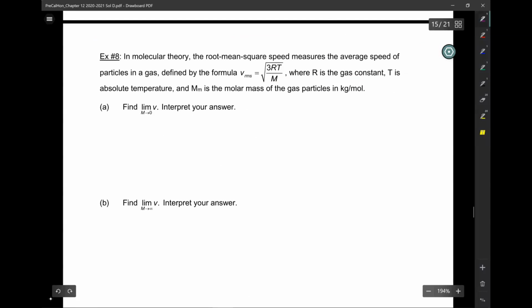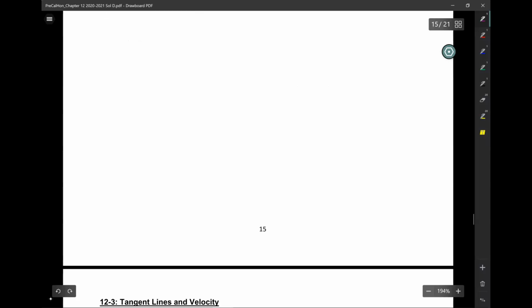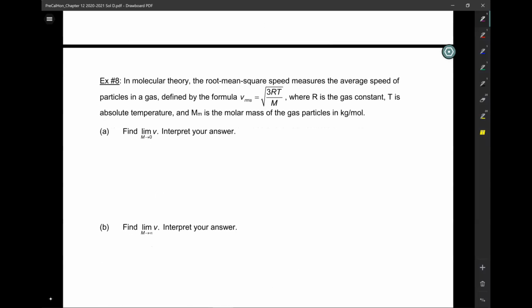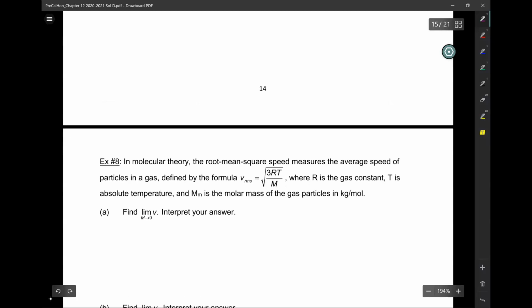All right, here we go. More of the same. So, with these, two things are very, very important. One is, you should understand that as x approaches infinity, 1 over x approaches what? 0.